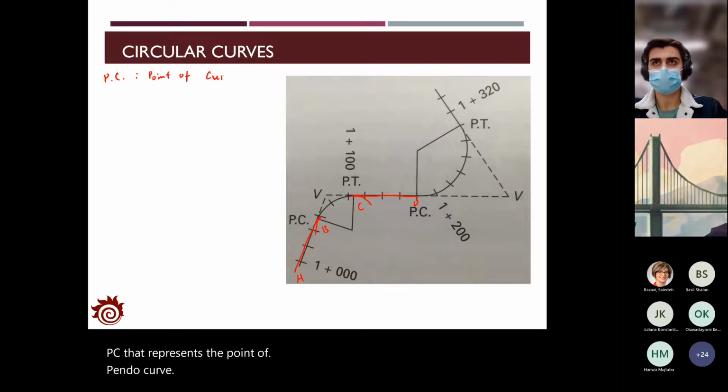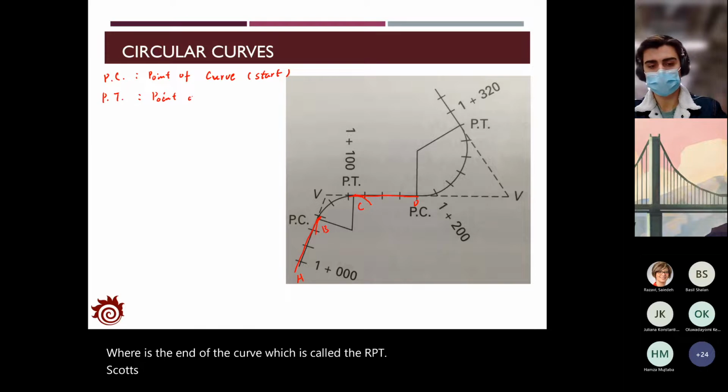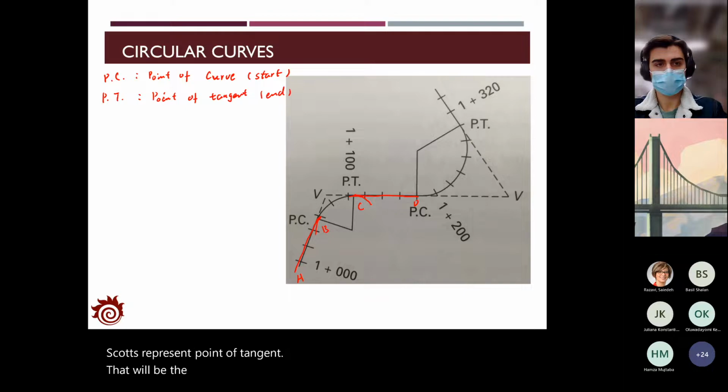It will represent the start point of the curve. And at point C, where the curve ends, is called the PT. That represents the point of tangent. That will be the end of the curve.